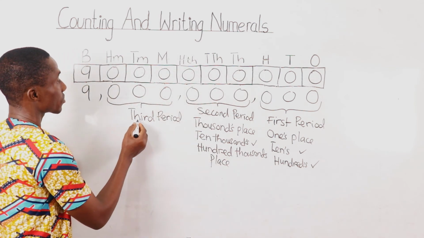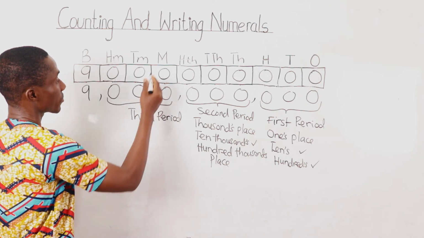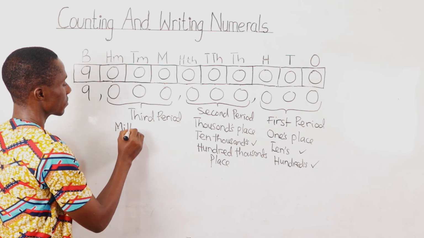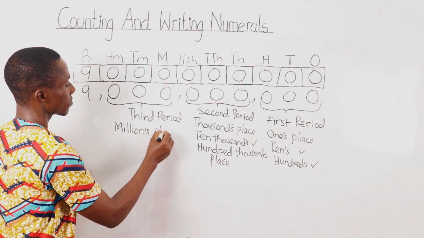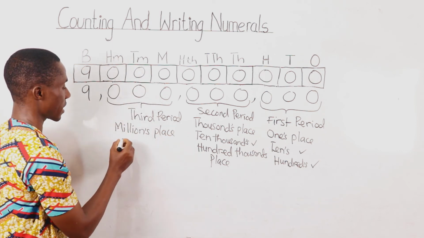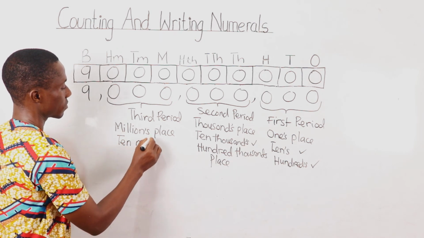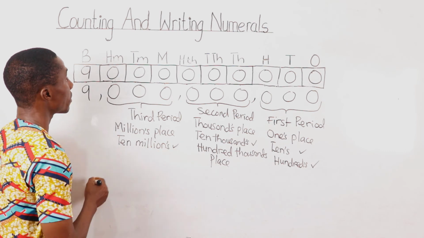Okay, the third period contains the millions place. It also contains the 10 millions place.